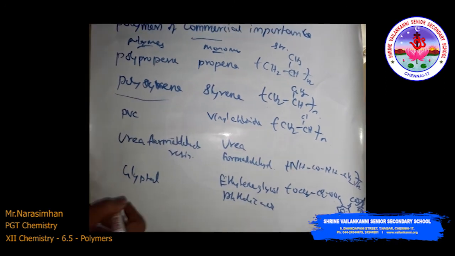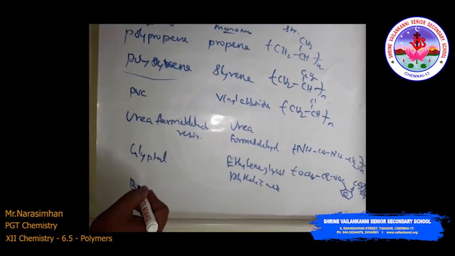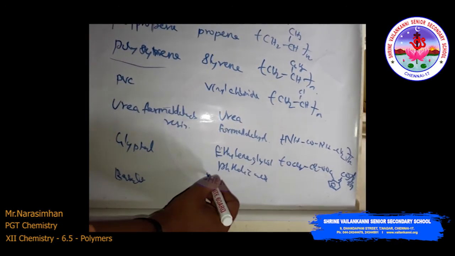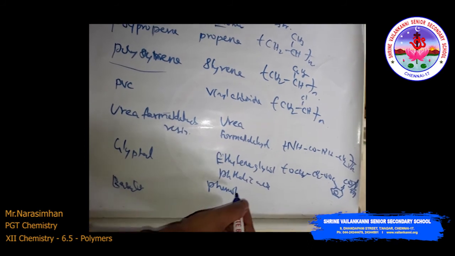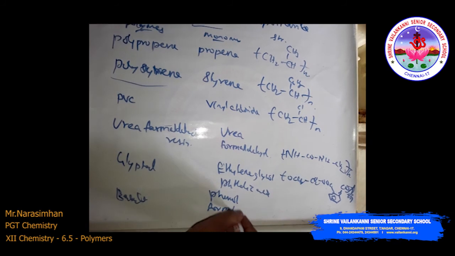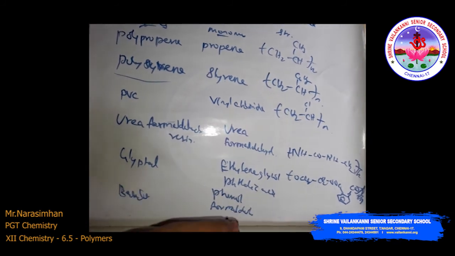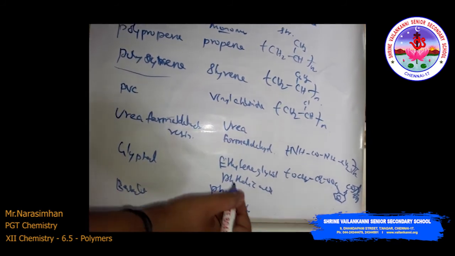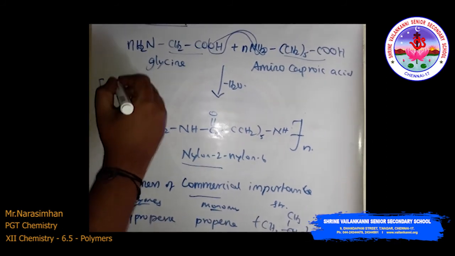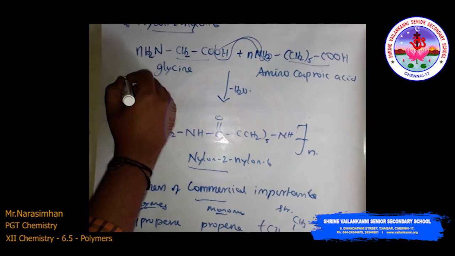Then the last one is bakelite. Phenol and formaldehyde are the monomers. The structure is like this. I will draw the structure here: OH, CH2.